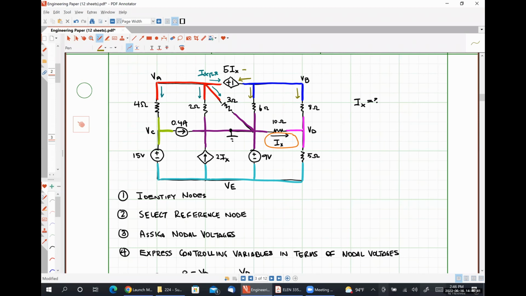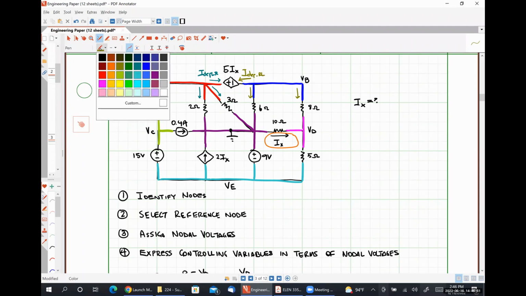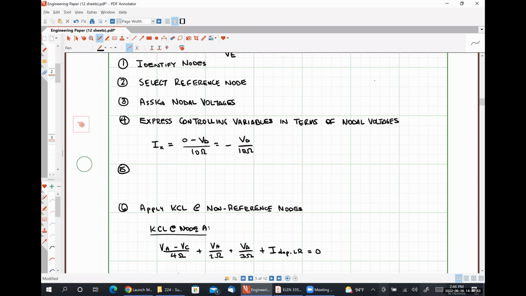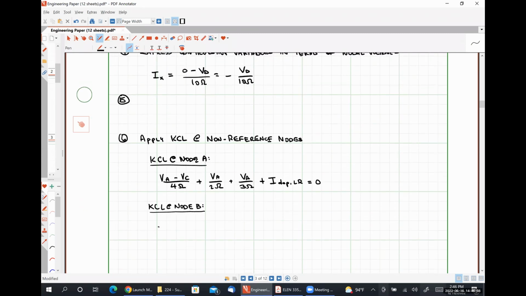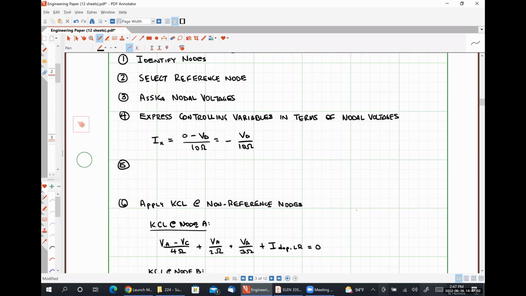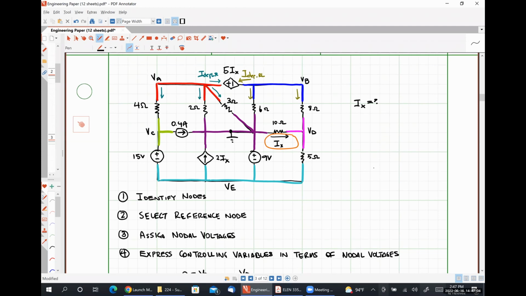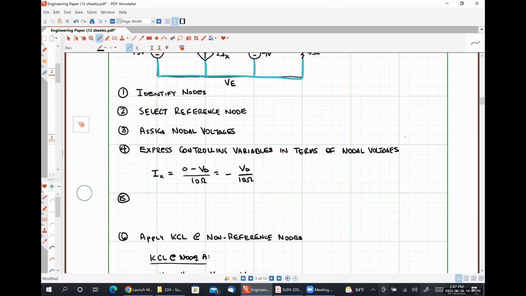So instead, I'm going to call this I dependent RL, because it's the current that's flowing from right to left through our dependent source. Then I'm going to have the current flowing down through the 6 ohm resistor, which is simply VB over 6 ohms.